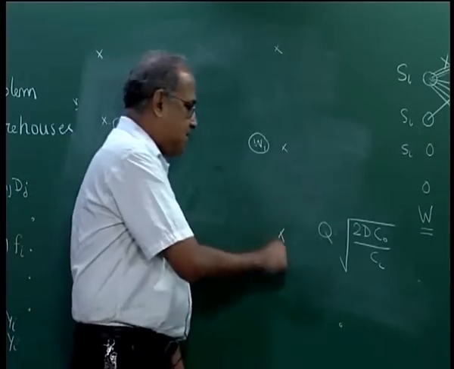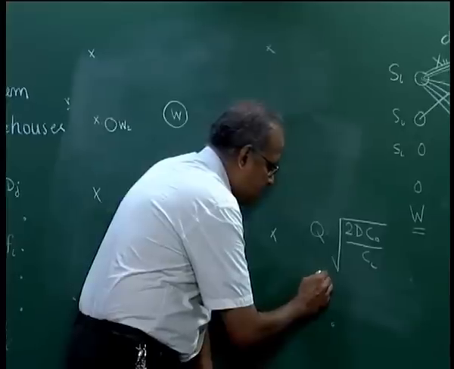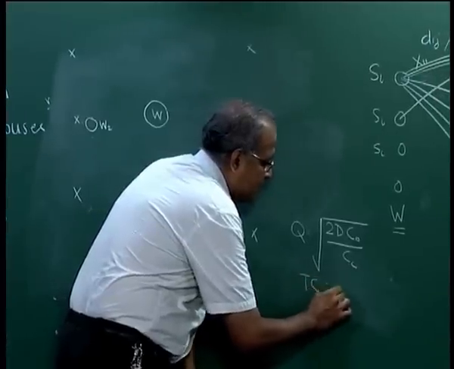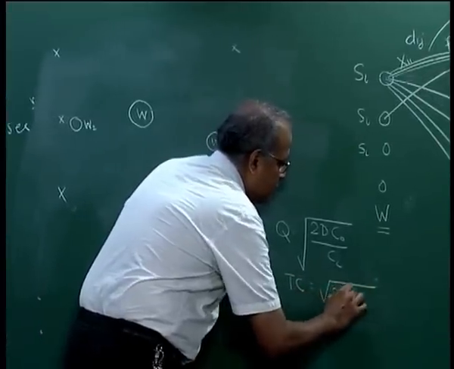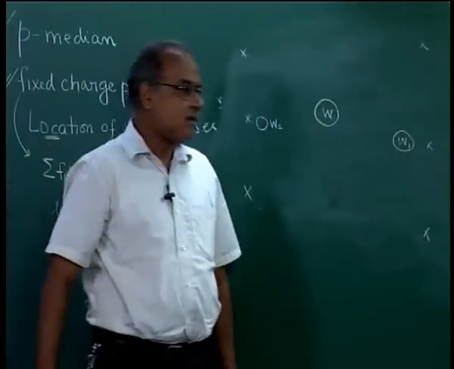So for each of them, for a single item, this will be the economic order quantity, and the total cost at the economic order quantity will be root over 2 D C naught Cc.